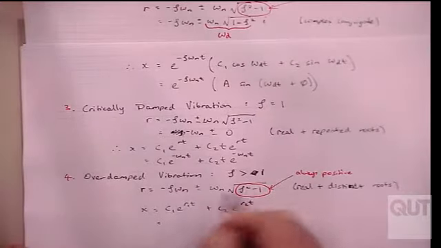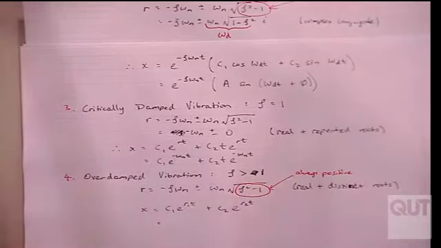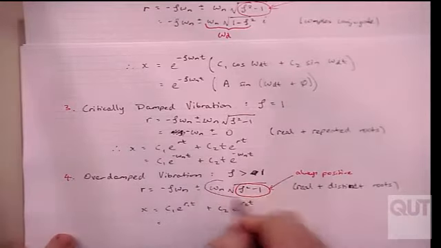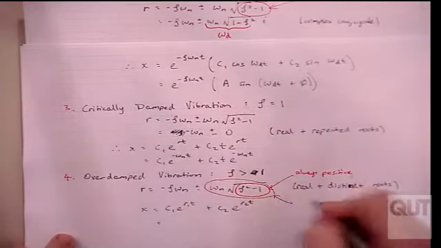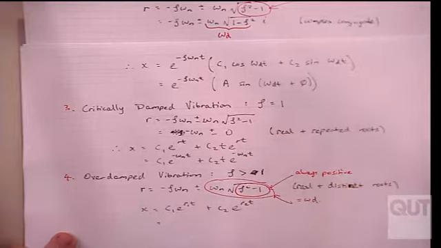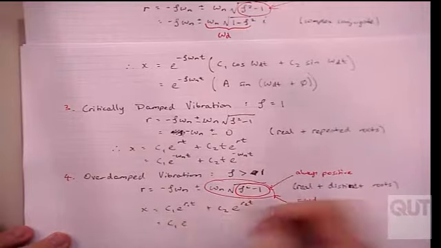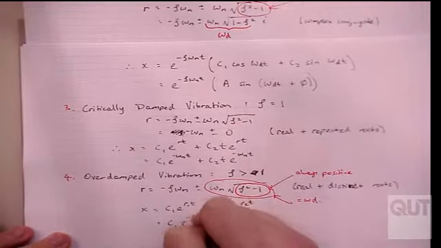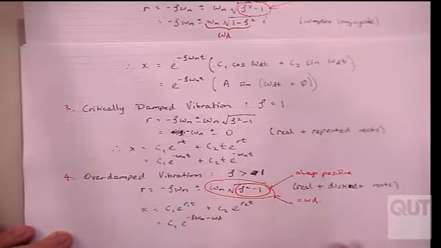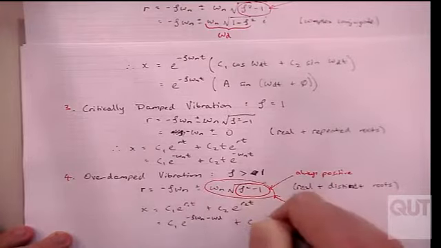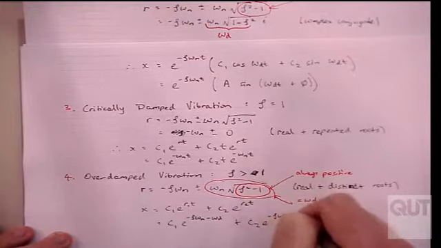Remember what this here is equal to? We can say this is equal to omega d. So I can say this is C1 e to the negative zeta omega n minus omega d plus C2 e to the negative zeta omega n plus omega d.